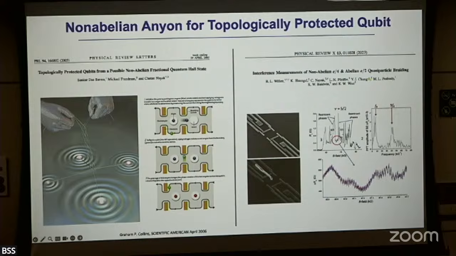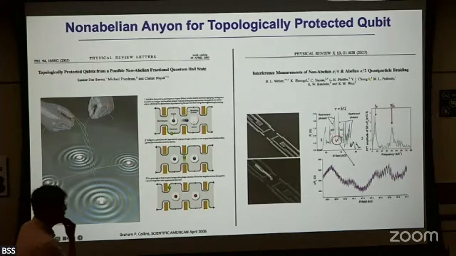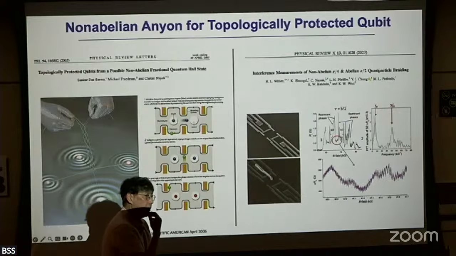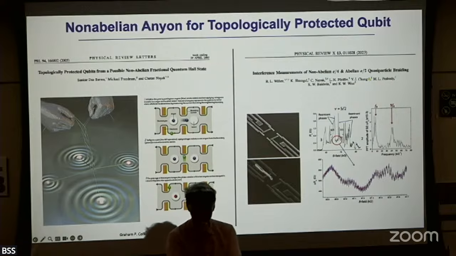Related to Junkai's question, what goes wrong with the interferometry when your sample is not clean enough? So the major part is the quality of this QPC. As you see, the most important part of the interferometer is basically the beam splitter, the quality of the beam splitter.